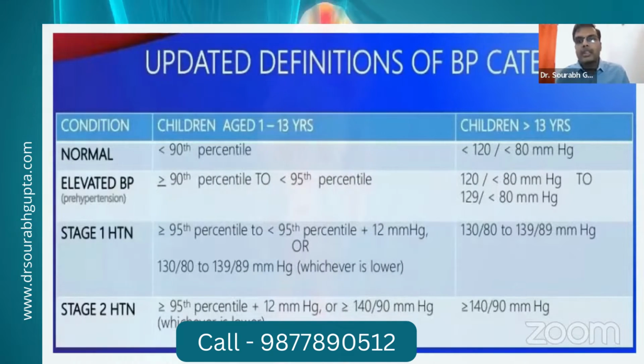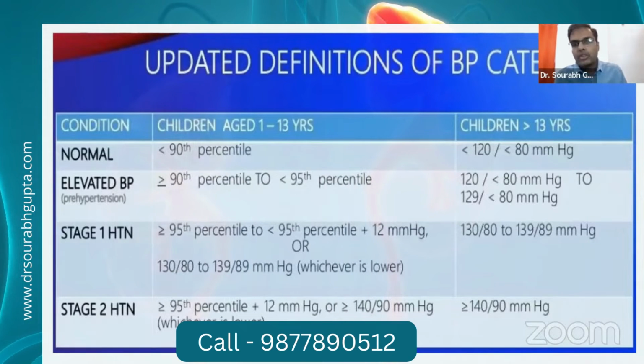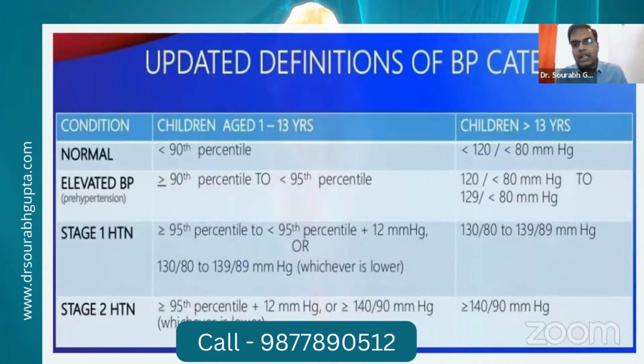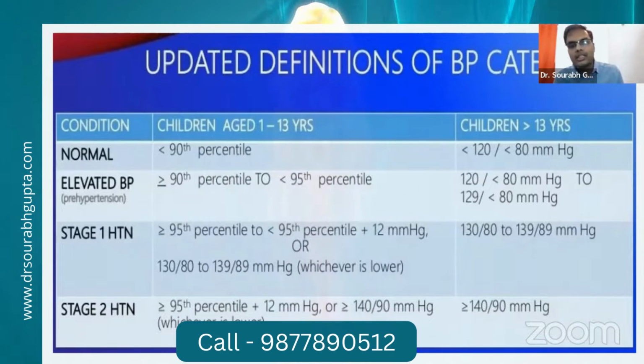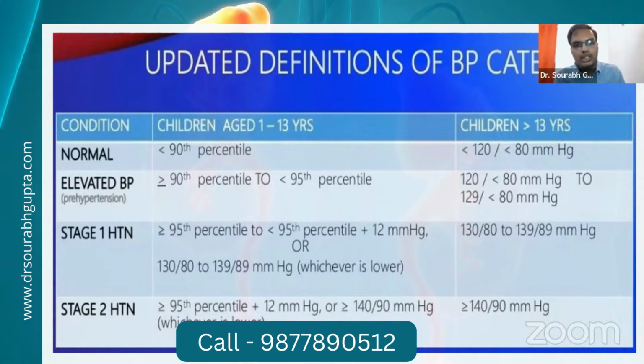This is the updated definition by the American Academy of Pediatrics, where anything below the 90th centile is normal. In children more than 13 years, all the adult cutoffs are used. So less than 120/80 is normal in those more than 13, and less than the 90th centile is normal in those below 13 years.